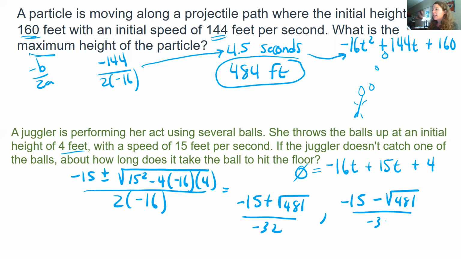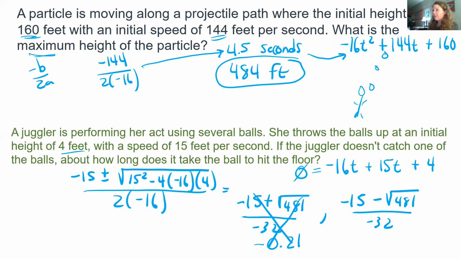And we're going to have to give a rounded answer. So let's start with our fraction button. We have negative 15 plus the square root of 481 divided by negative 32 equals, as a decimal, a negative answer. So when we're talking about time, can I say negative 0.21 seconds? Nope, I cannot.